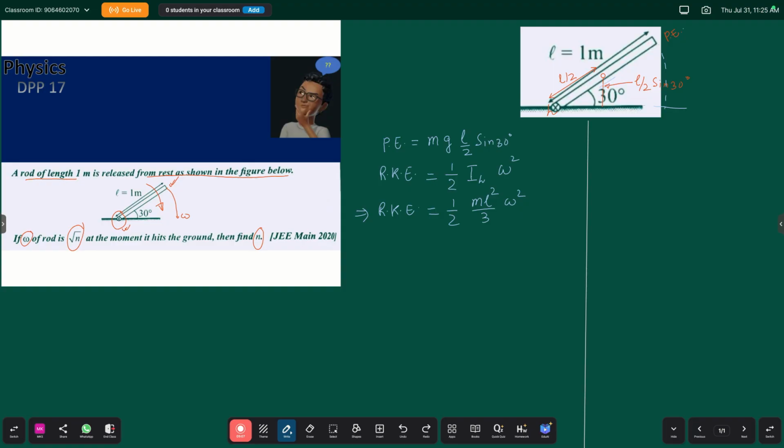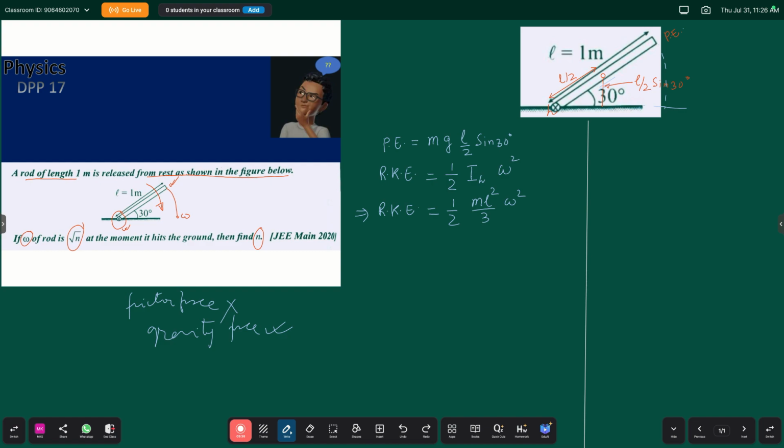Nothing has been mentioned about any friction force or anything. Friction force is not present. The only force which is acting is the gravity force, and we know that it is a conservative force.